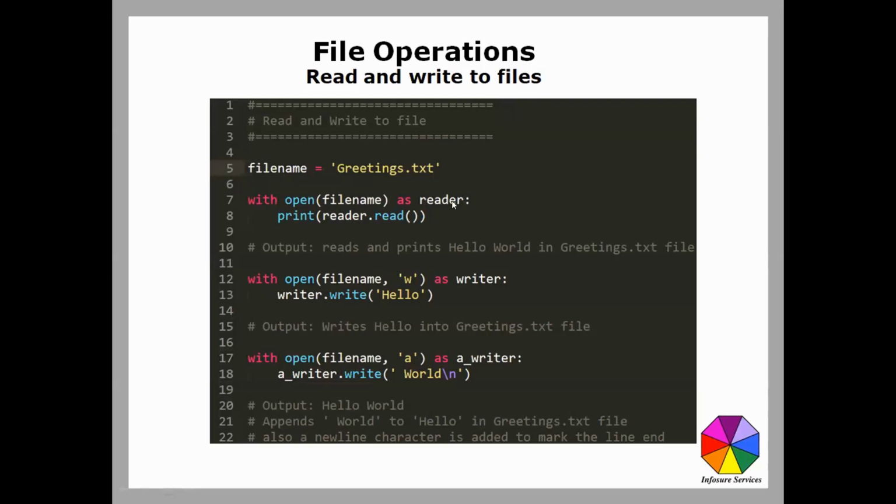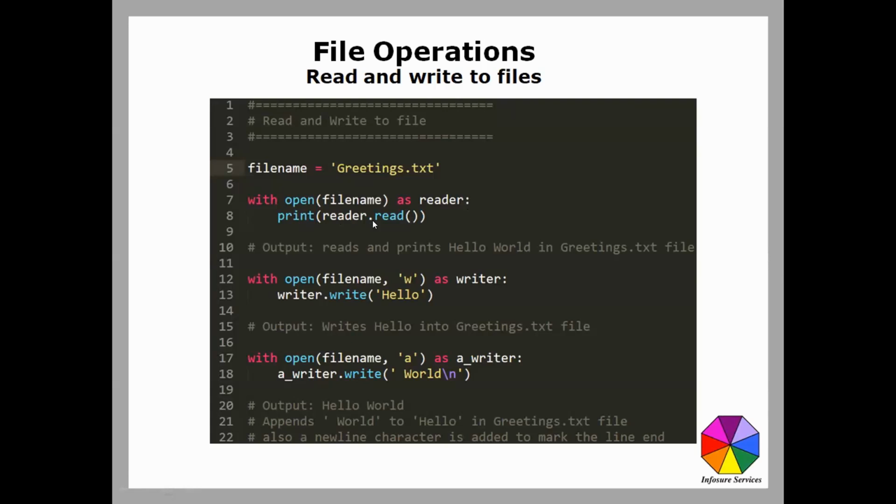Now this alias called reader lets you refer to that opened file. In this case, the handle we are talking about is reader, and reader is now referring to that opened file.